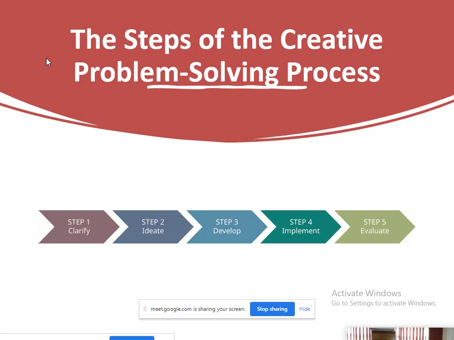The second one is idea. Idea means definitely I have to collect a lot of ideas from different sources or from the members of the innovation team. And then we have to develop the product, or you can say that you have to do the experimentation.